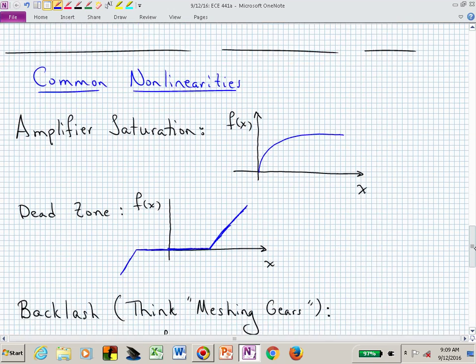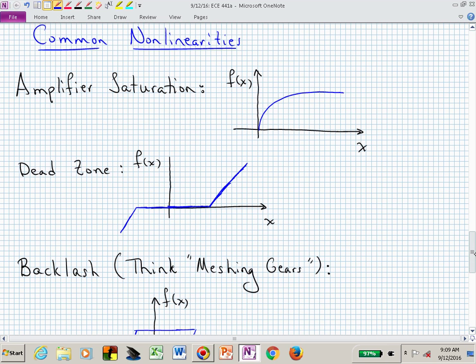What are some common nonlinearities? We have saturation of an amplifier, or you could think of a resistor that's no longer following this V equals Ri characteristic. Maybe it starts varying from that linear relationship at the extremes. That's another nonlinearity.